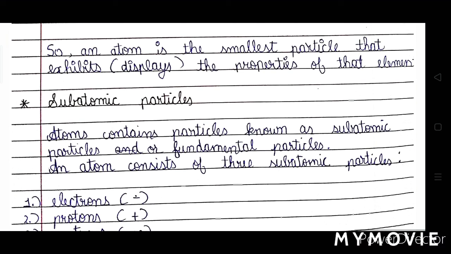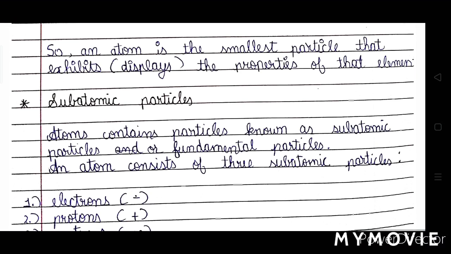So now the definition of the atom is: an atom is the smallest particle that exhibits the properties of that element. It is the smallest particle of an element which exhibits the properties of that element. Exhibits means displays.